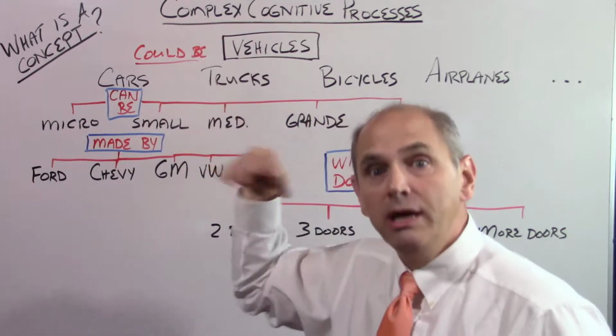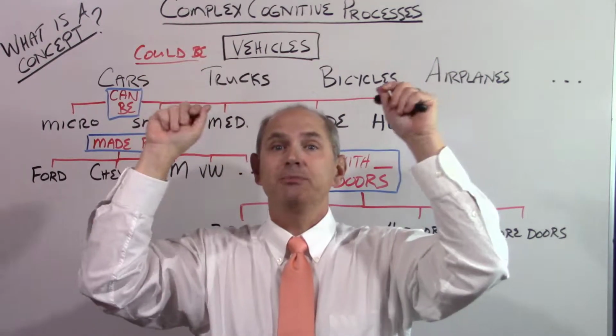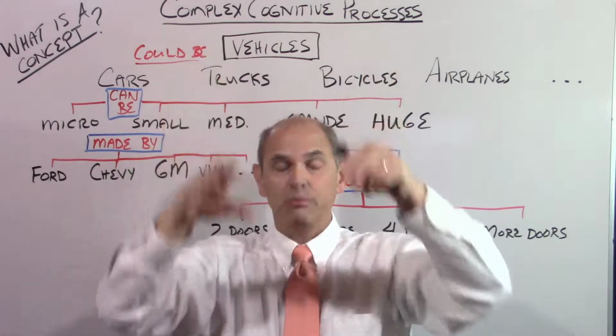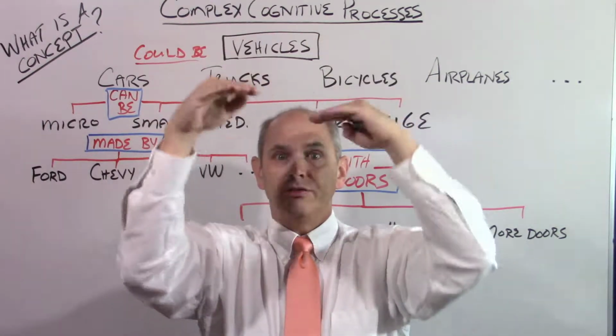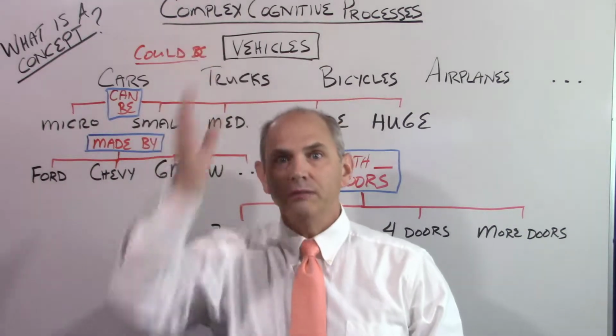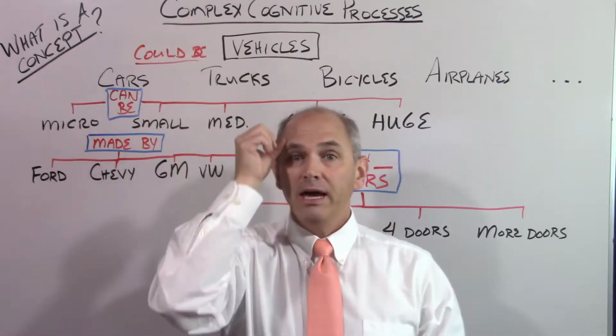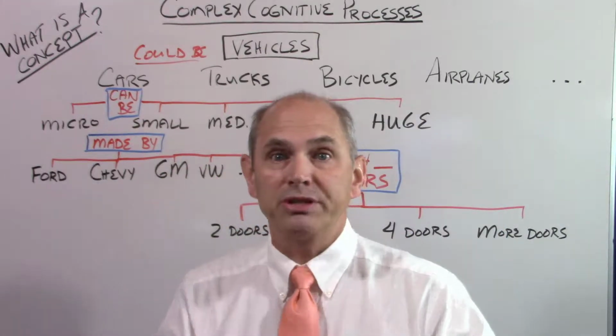What we do is we first understand that essentially concepts, think of them this way, picture it this way. They exist in a grid. And there are rows that go across this way, and there are columns that go this way. And the rows and the columns have different kinds of names.